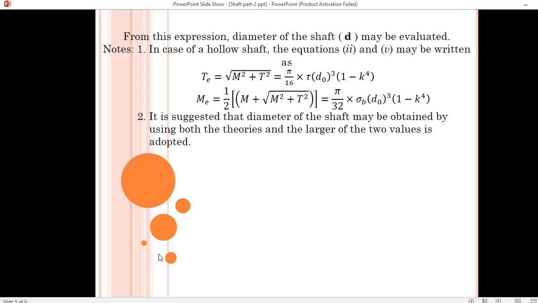Next, the maximum shear stress theory is generally used for ductile materials such as mild steel, and the maximum normal stress theory, that is Rankine theory, is normally used for brittle materials such as cast iron.